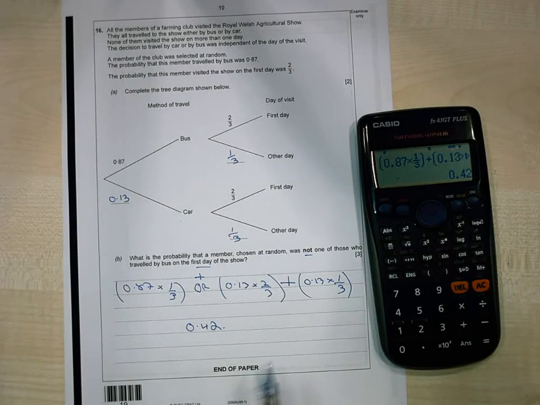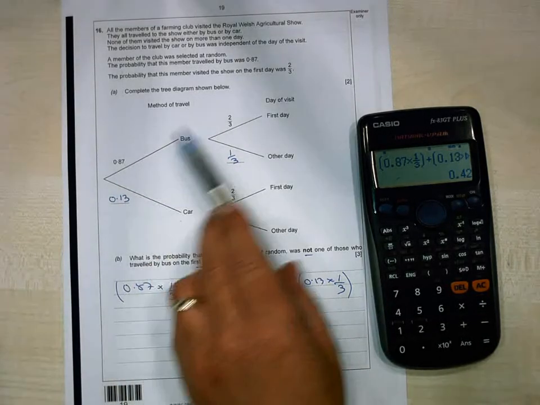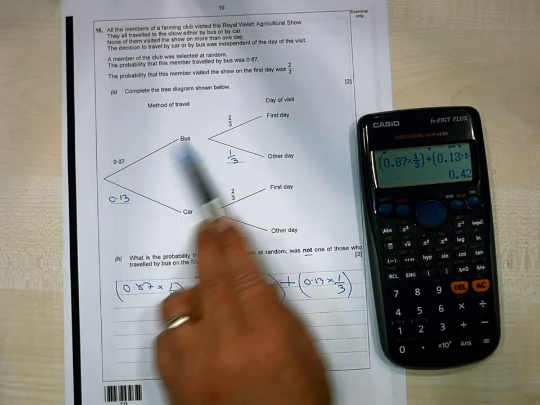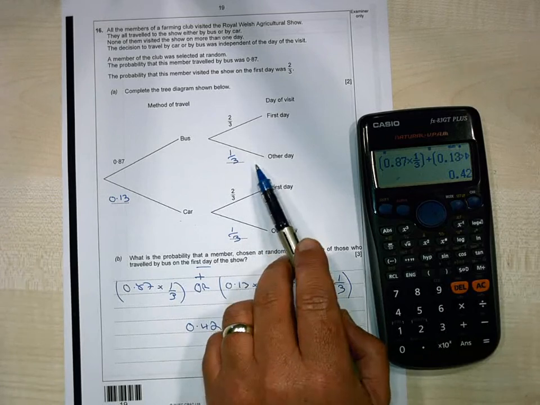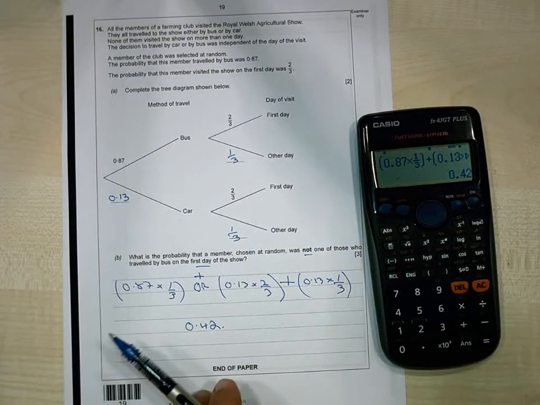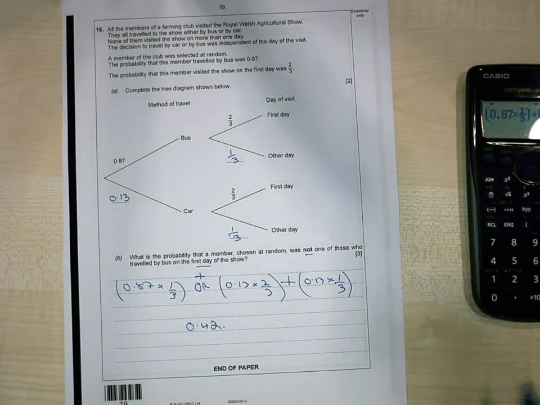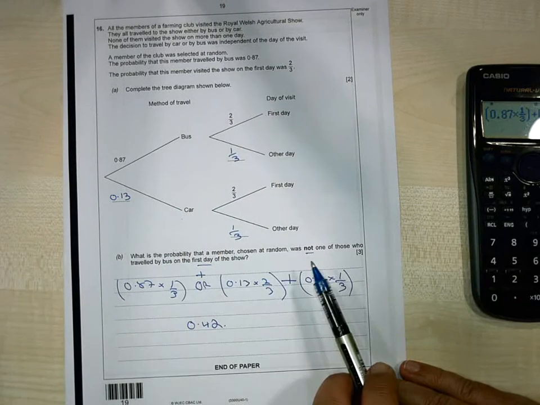Okay, and that's where I'd expect intermediate tier students to do it. Higher tier kids would have spotted, well, if I just work out the probability of travelling by bus on the first day, just take it away from 1, because that covers all the other eventualities. Really? Yeah. So how would you do that? Total probability is 1.